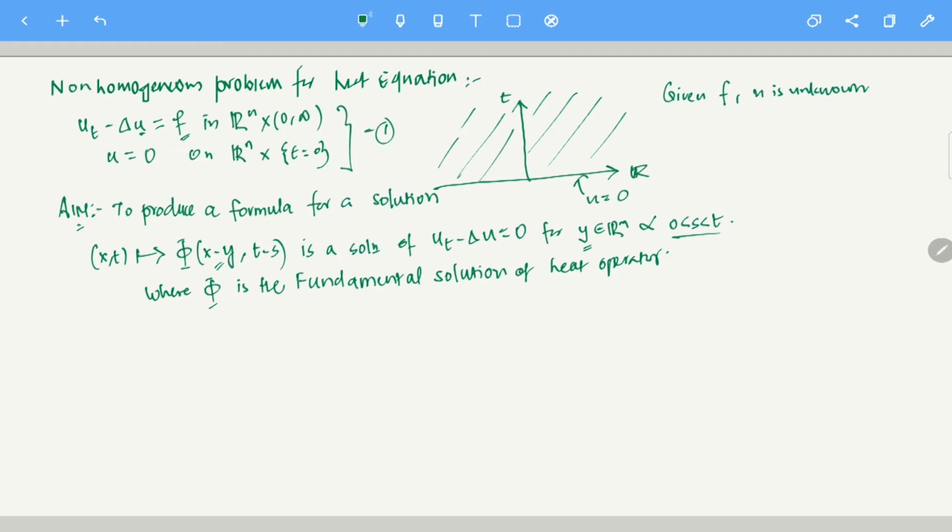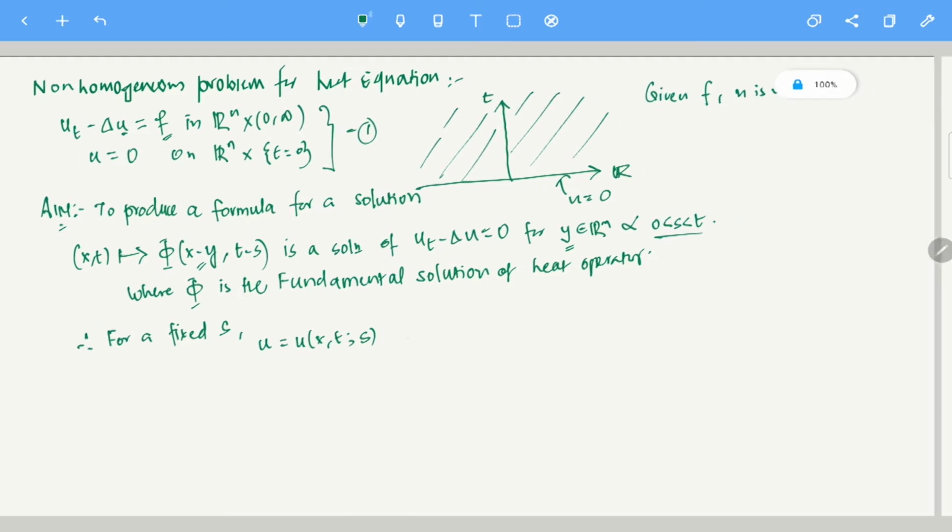Okay, so now, therefore, from our earlier discussions, we can just think of it like this: for a fixed s, if you write the function like this, u(x,t;s), I will explain to you what I mean by this.